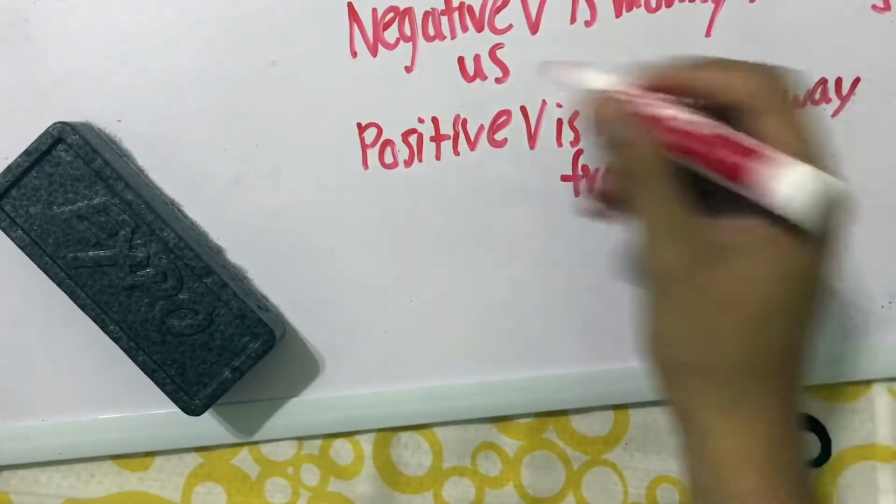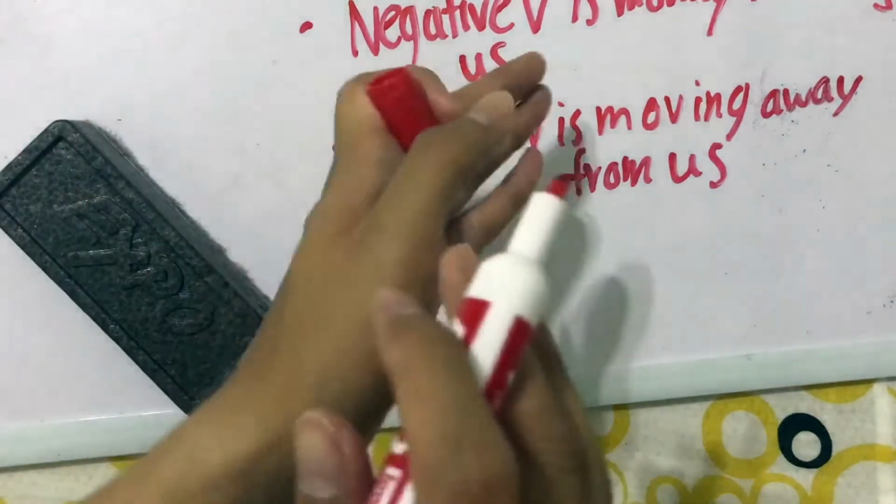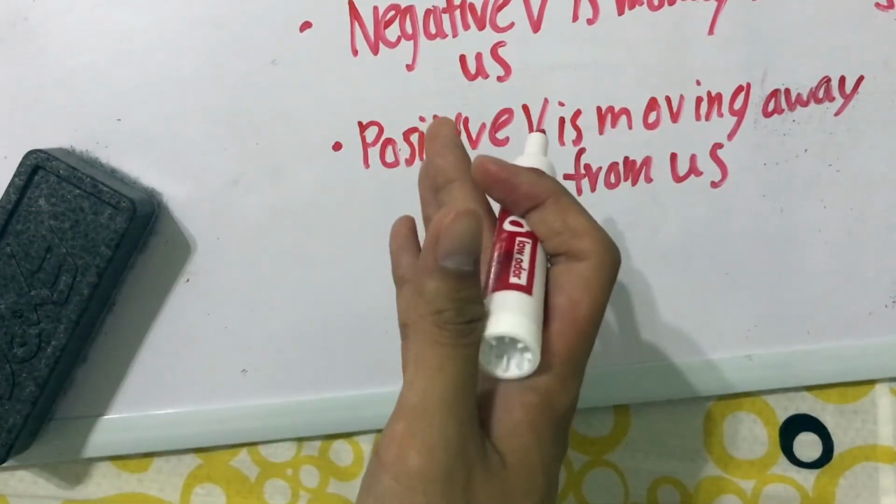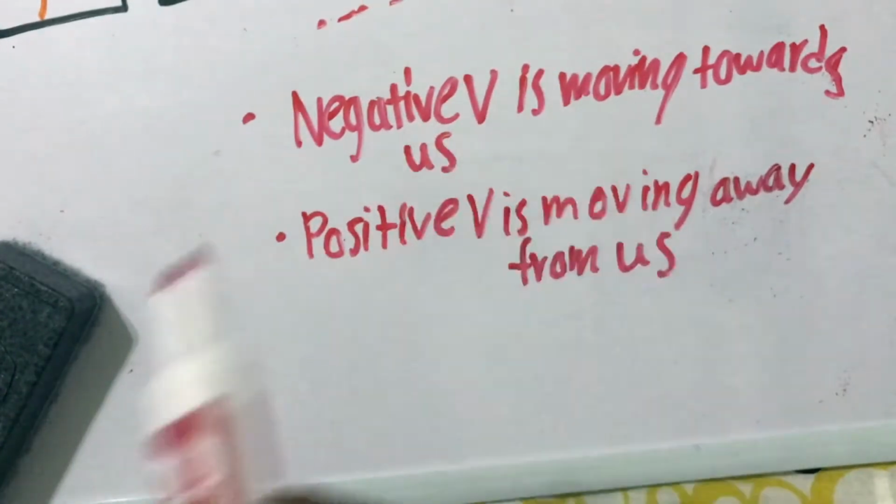If you can memorize these two points, then you basically have the equation down, and the answer that you get would always make sense.